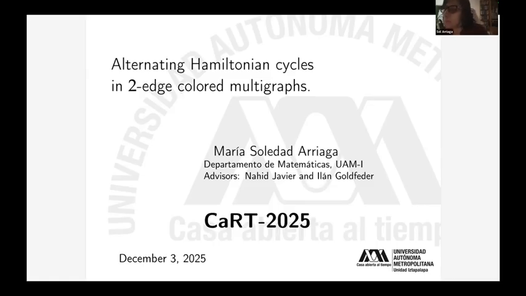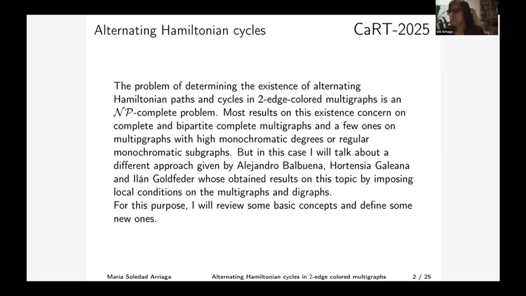Okay, the problem of determining the existence of alternating Hamiltonian paths and cycles in two-edge colored multigraphs is an NP-complete problem. Most results on this existence concern complete and bipartite complete multigraphs, and a few concern multigraphs with high monochromatic degrees or regular monochromatic subgraphs.